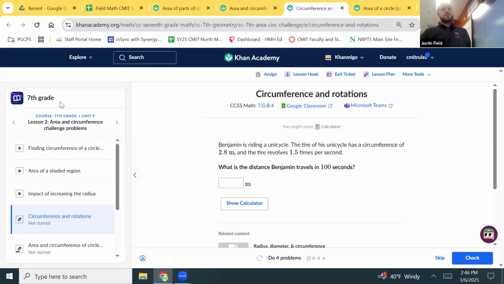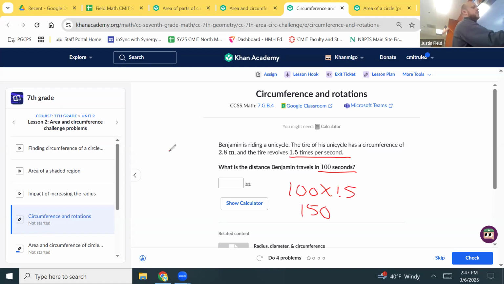Okay, so let's do it. We can do this. So let's do per second. We know 1.5 times per second. So how many revolutions total? If we've got 100 seconds, let's multiply those numbers. So 100 seconds means 150 revolutions, or 150 circumferences.